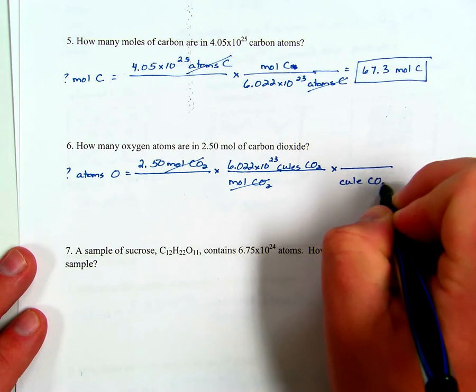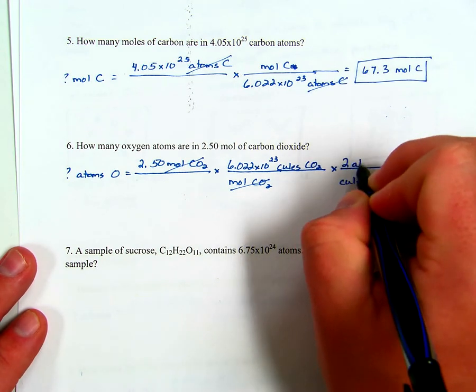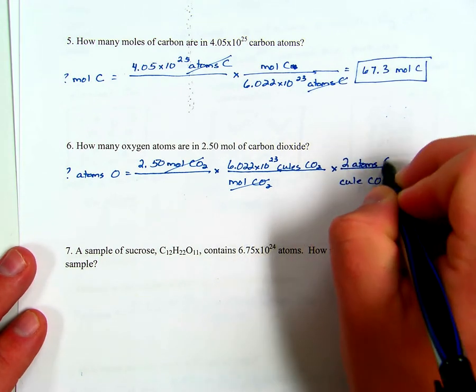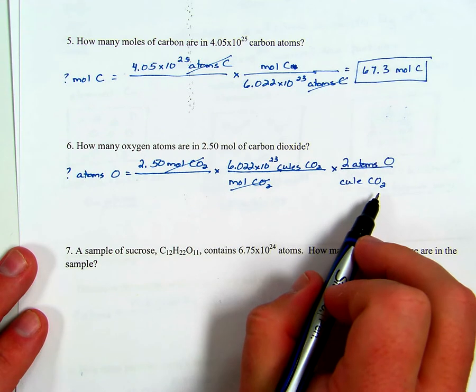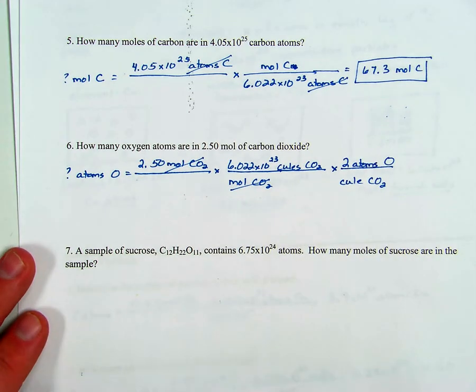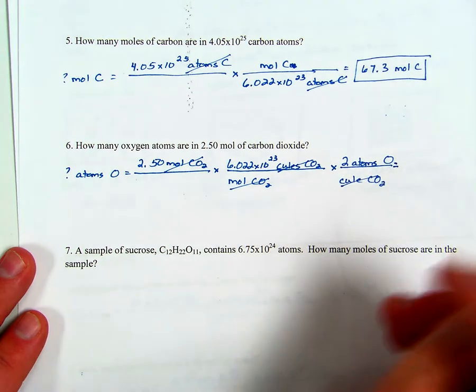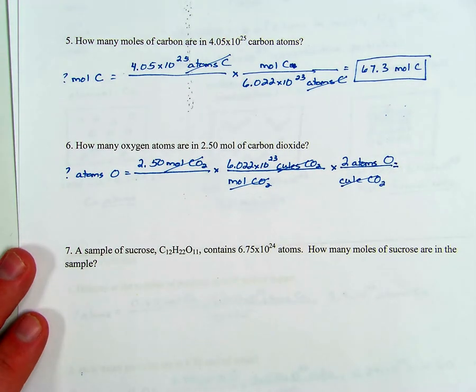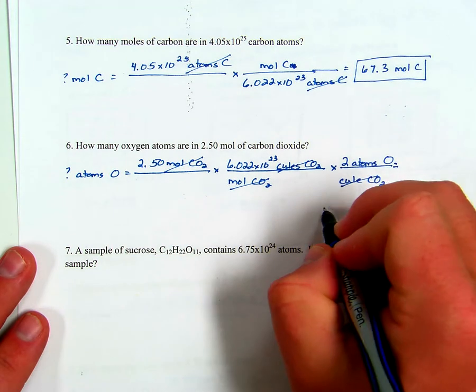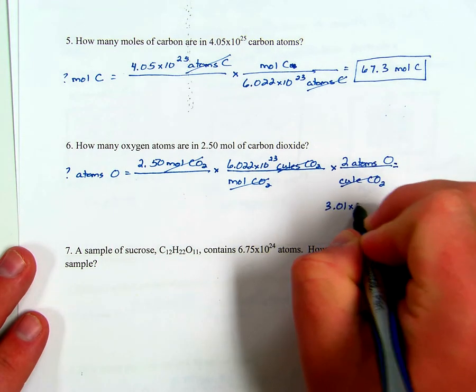I can get that straight from the formula. I can see the subscript 2 there. That tells me in a molecule there would be 2 atoms of oxygen. So molecules of CO2 cancel, and that's what we're looking for. That should give us 3.01 times 10 to the 24th atoms of oxygen.